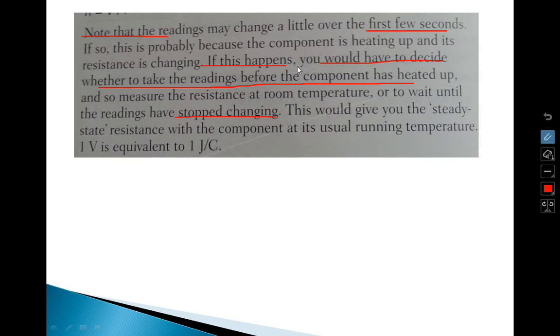So you need to wait until the heating has stopped, or you need to take the reading before the component has heated up. Take the reading very quickly. This is used to measure voltage, or I, or R.